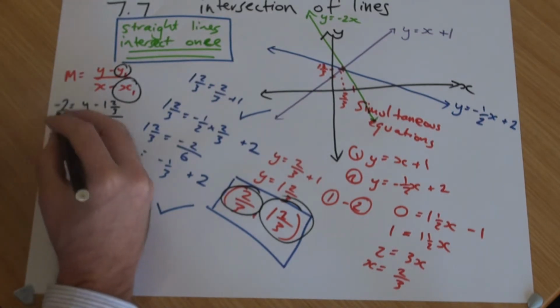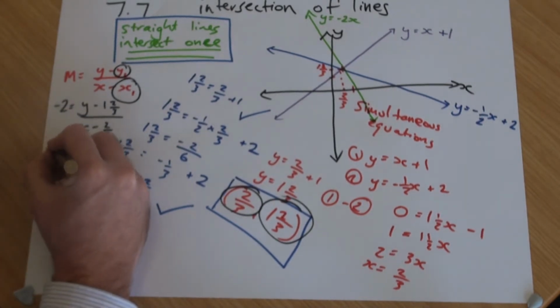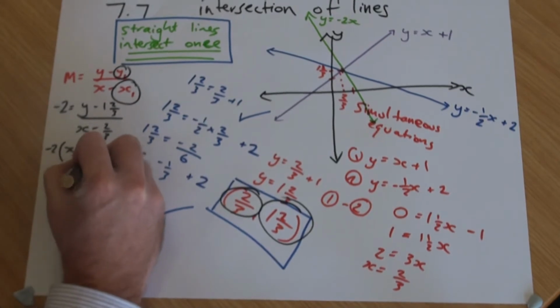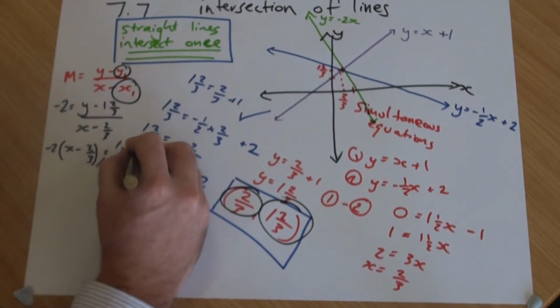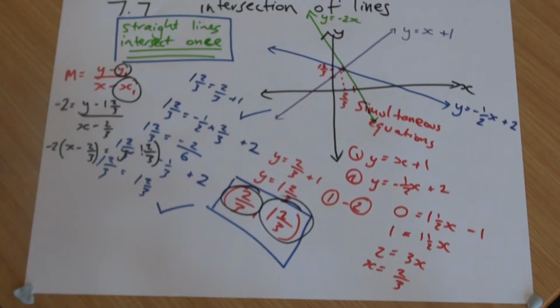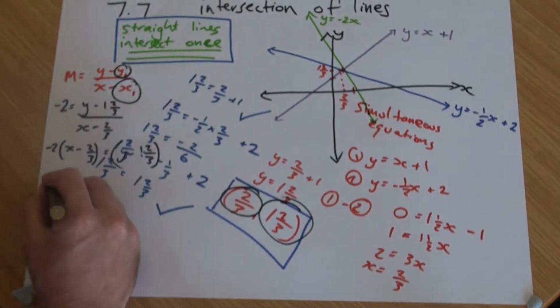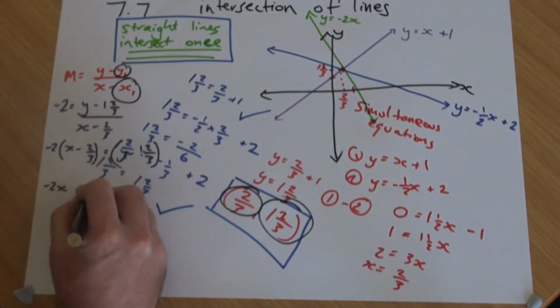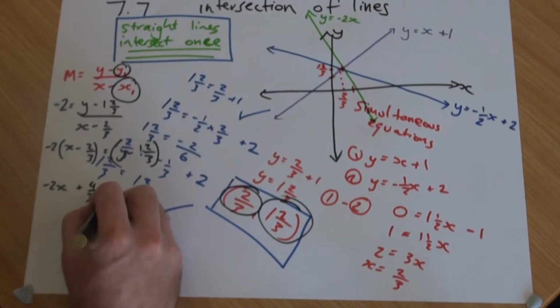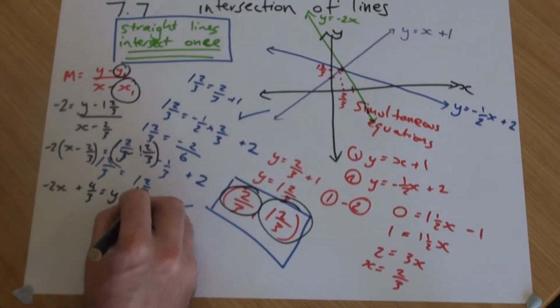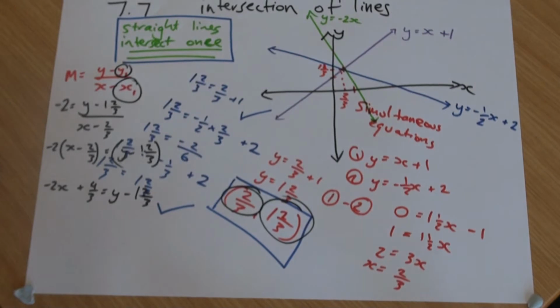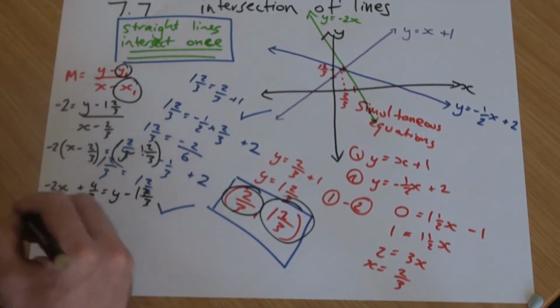I'll just very quickly solve that for you. Okay, so negative 2 outside of x minus 2/3 equals y minus 1 2/3. Sorry, this is going a little bit crazy here. Negative 2x plus 4/3 equals y minus 1 2/3 again. Okay, let's put everything over this side.